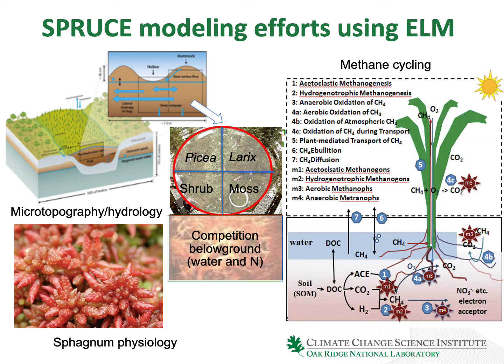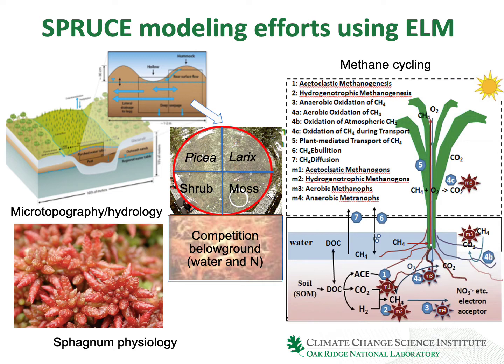We're also modeling 4 different plant functional types, which I mentioned: these 2 main types of trees, Picea or black spruce, Larix or larch; shrubs, of which there are several types present at the site, which we've aggregated together into one plant functional type; as well as the moss.